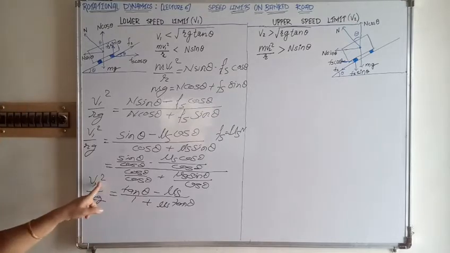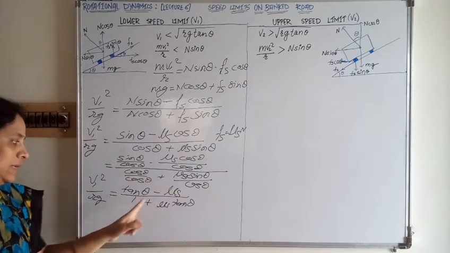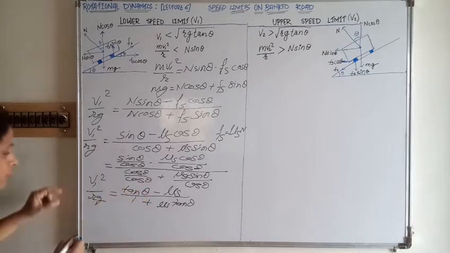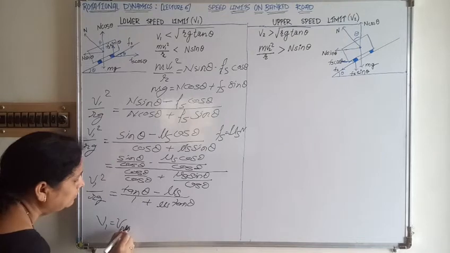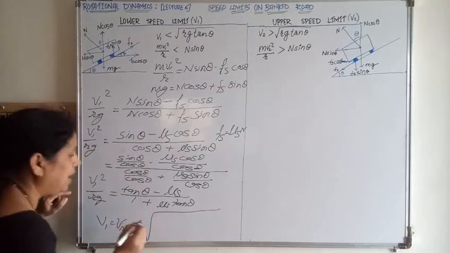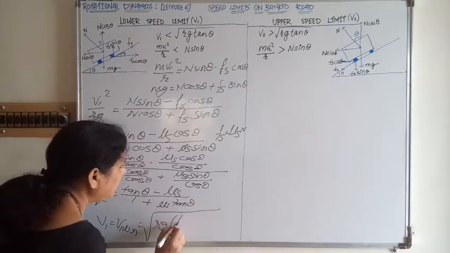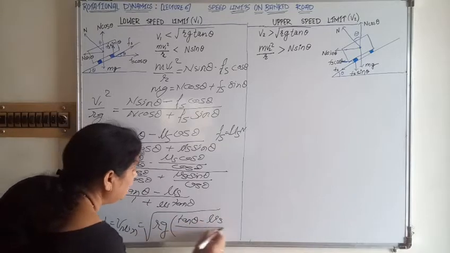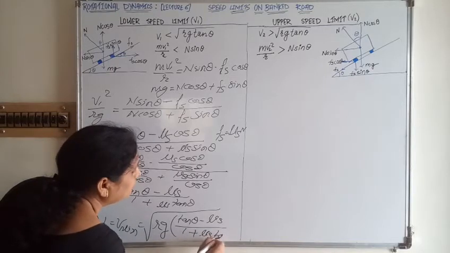So we can say v1 square is equal to rg, and in bracket tan theta minus mu s upon 1 plus mu s tan theta, and therefore v1 is equal to the square root of that. So we get the final equation: v1, or we can call it v minimum, is equal to under root of rg, in bracket tan theta minus mu s upon 1 plus mu s tan theta.